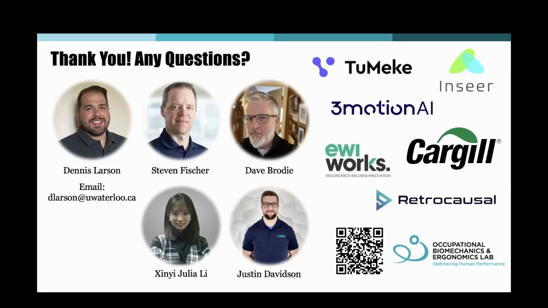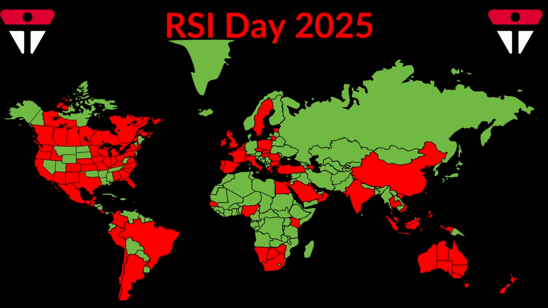But having this quick tool will allow us to capture that time series data, which can then be put together from multiple tasks and multiple workplaces. Then we can potentially in the future start to look at relationships between injuries presented in those fields and the motion that's happening. So it's a long-term outlook for how these tools can be used to look at injuries in different workplaces, different tasks, and across different sectors as well.